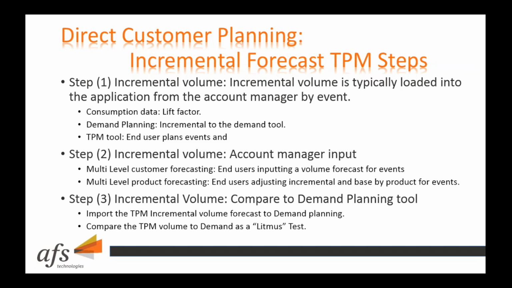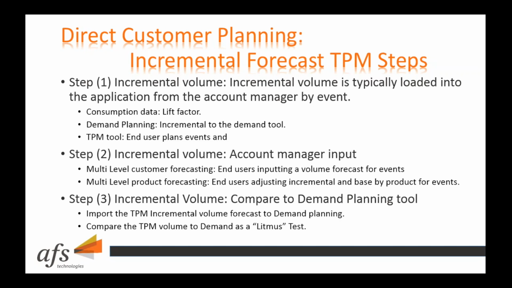Very similar to base volume in step 2, the account manager is inputting an incremental volume forecast. They're using information from prior year or adjusting the incremental volume regarding the base at both a customer and a product level. The key aspect, what we find and what users find of our products, is the ability to forecast in our tools at multiple levels.